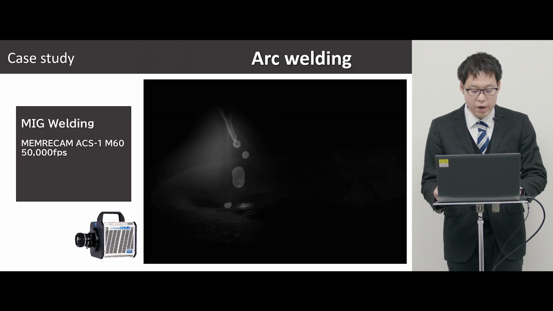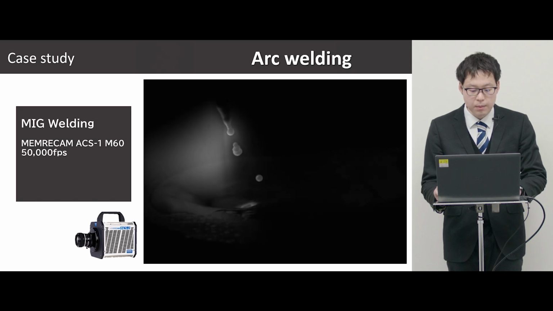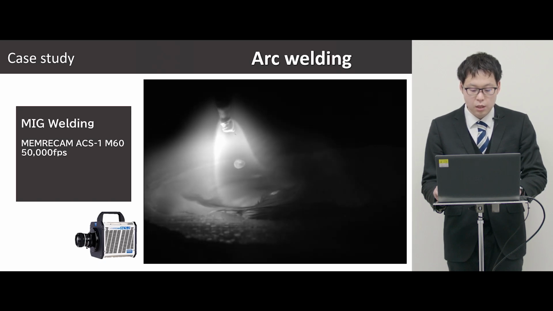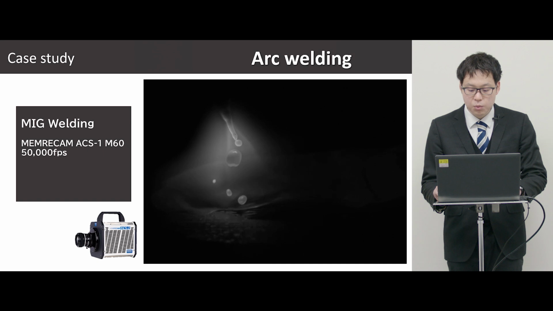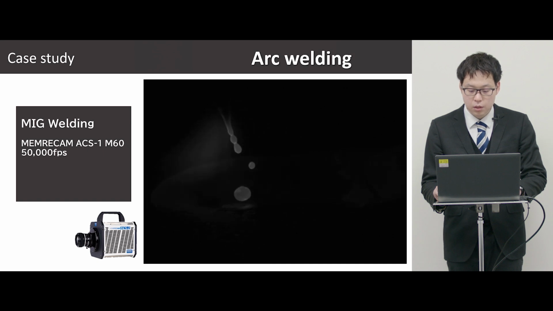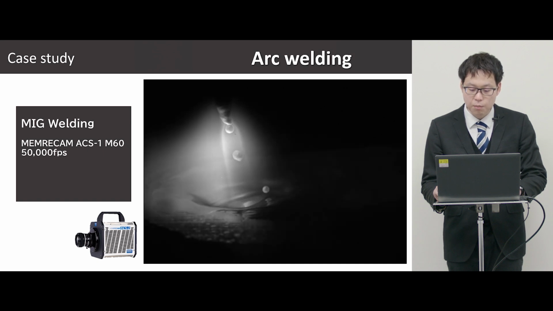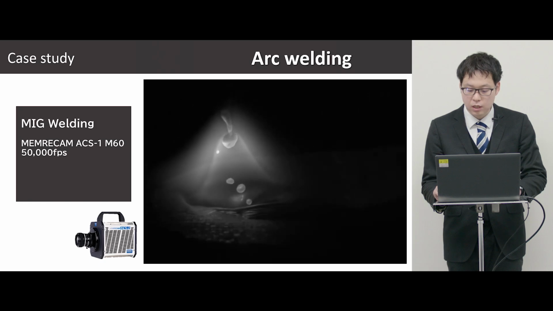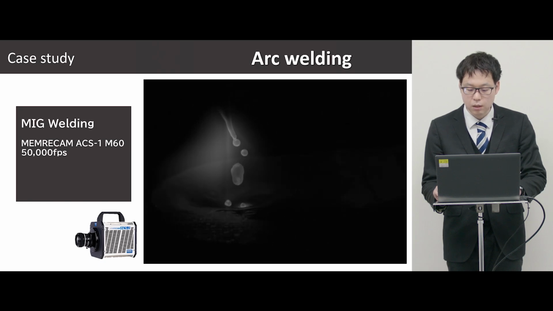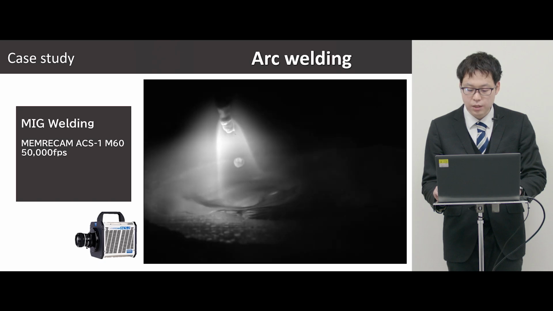Arc discharge during welding is one of the plasma behavior. Using the ACS1, we captured observation of the cathode points generated on the base material surface during the MIG welding at 50,000 frames per second. The drop migration process is clearly captured.